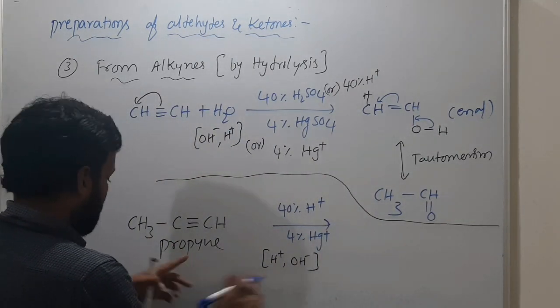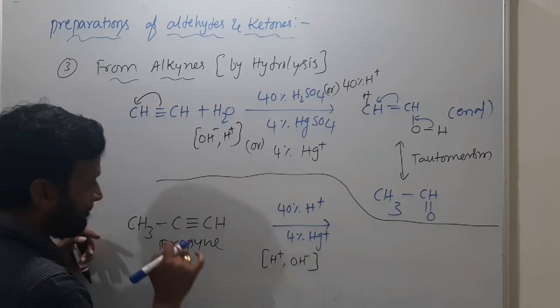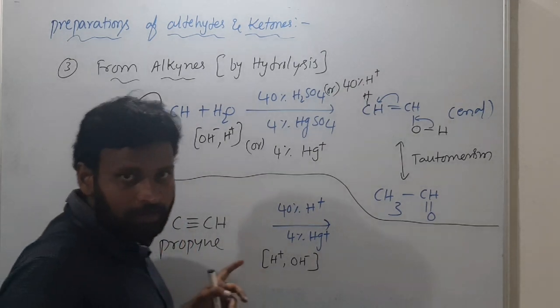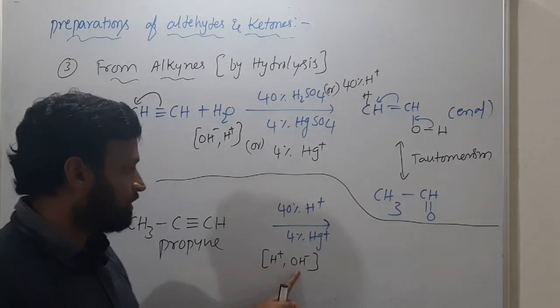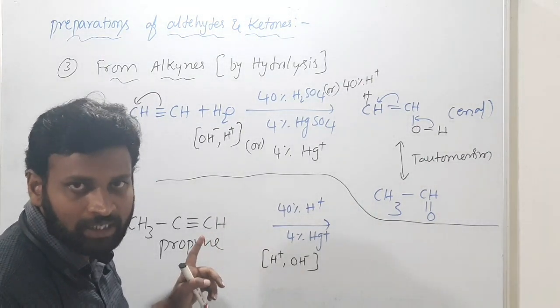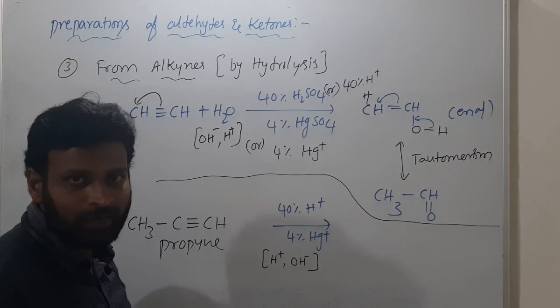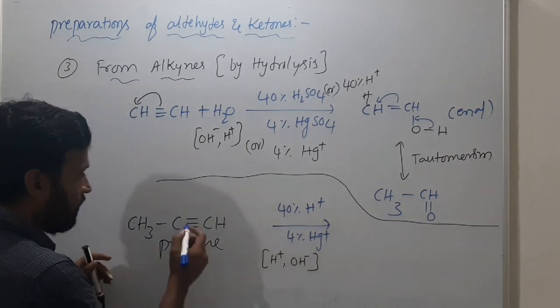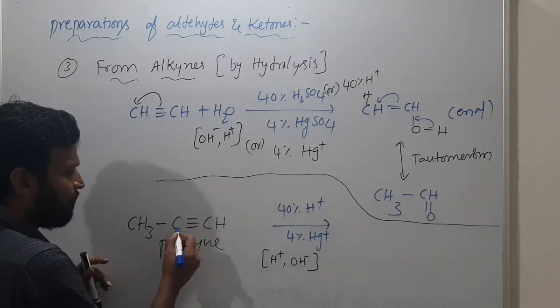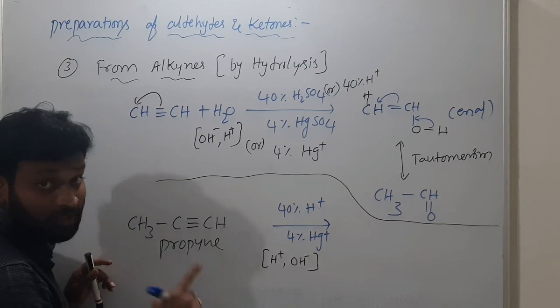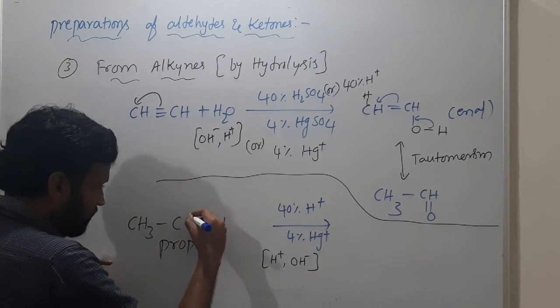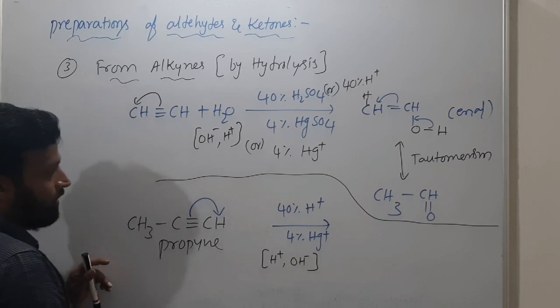So for this propyne, when I am adding water, according to Markovnikov rule, do you remember? Negative species will add to the unsaturated carbon which has less number of hydrogens. I said many times, the pi bond always migrates from the carbon which has less number of hydrogens. So this pi bond will migrate over here.